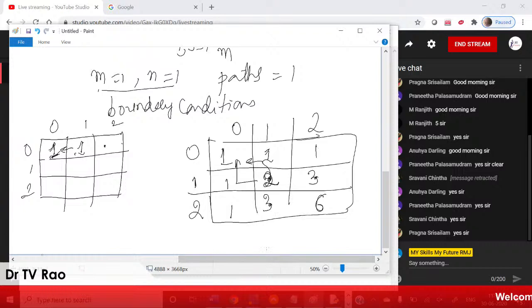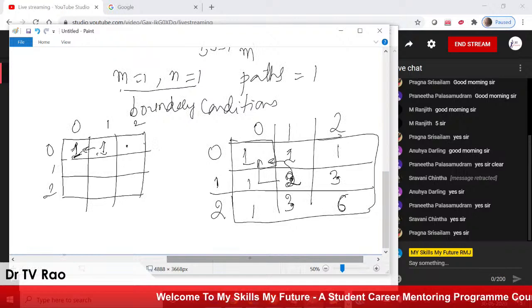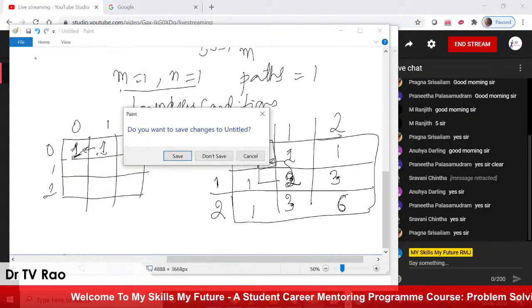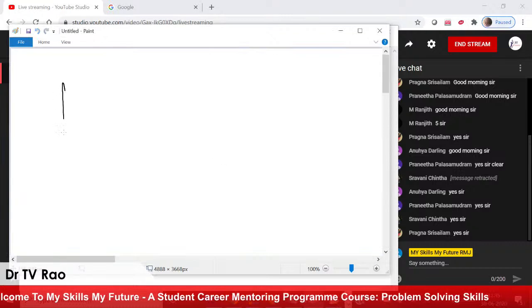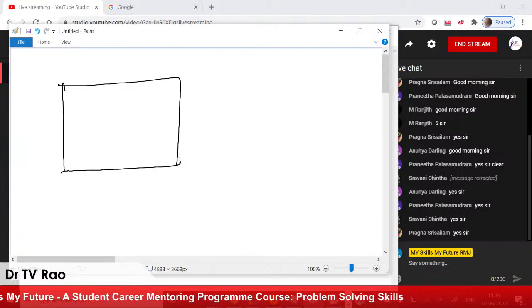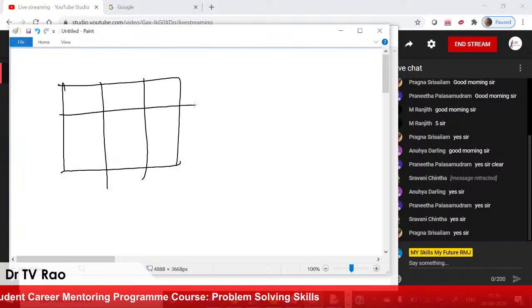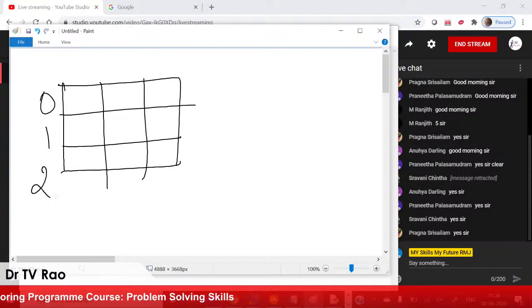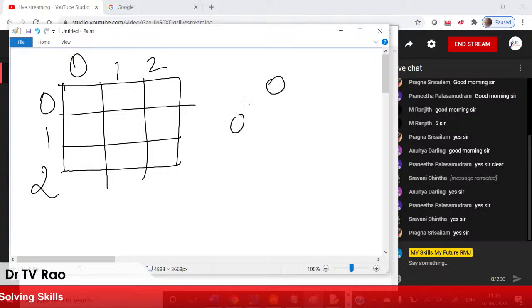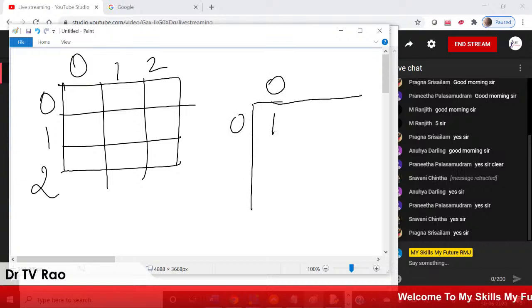So, how to code this? Again, the approach is how to reach 0, 0. 0, 0 can be reached from 0, 0 in one way.